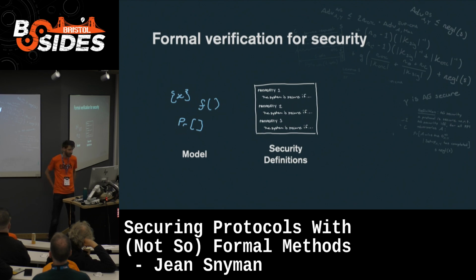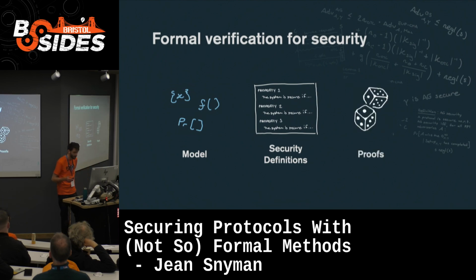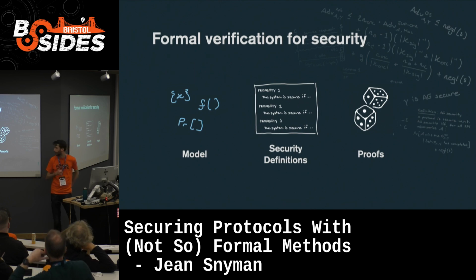How about non-repudiation? Maybe you're looking for forward secrecy. Well, you need to capture those in formal definitions. And then finally, you produce a set of proofs based on proving those security definitions in the context of your model.